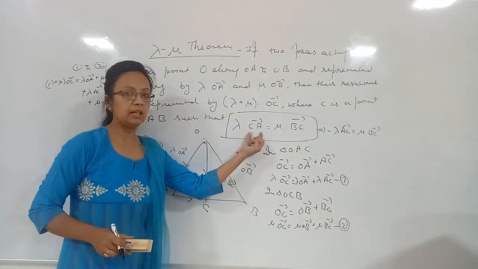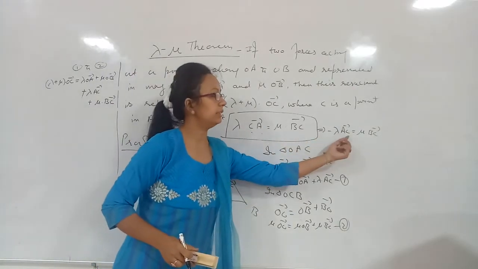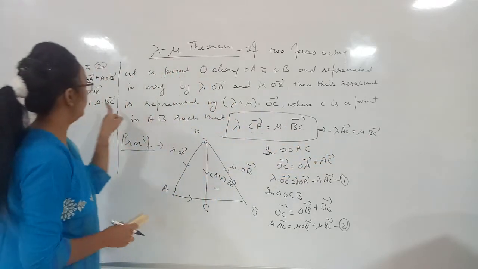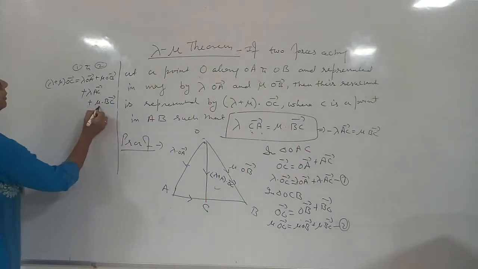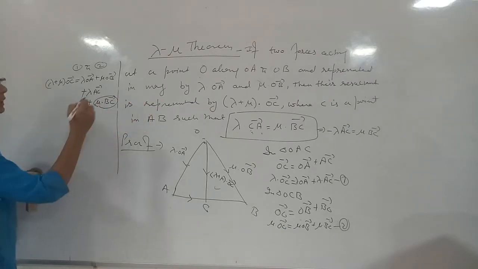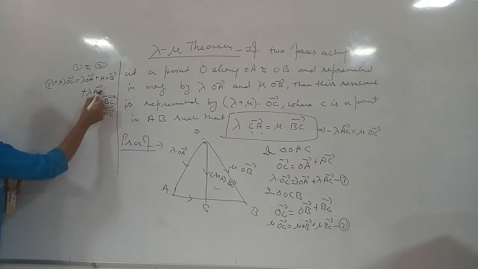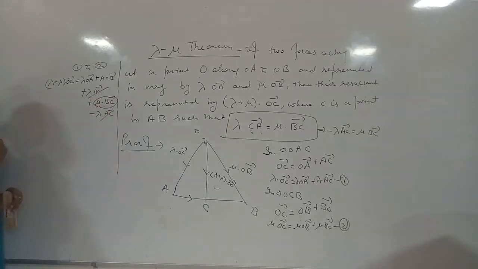In place of CA, I am writing minus AC. So we'll put this value of mu into BC here. So mu into BC is minus lambda into AC, so lambda AC cancels out.